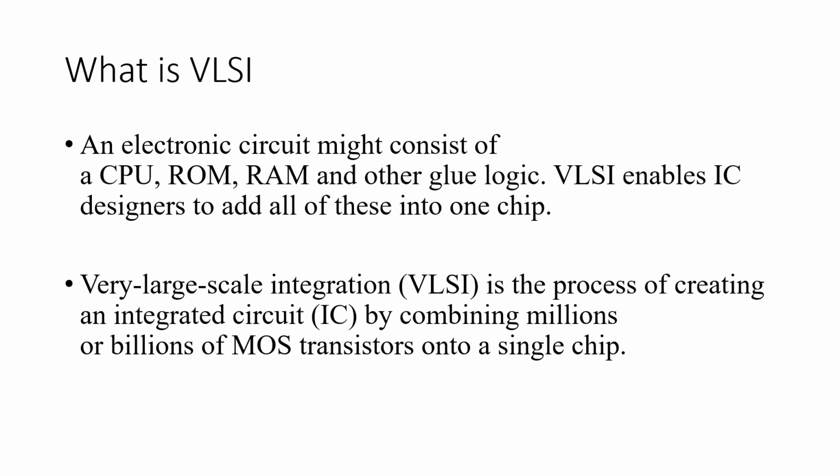All of this put together onto a single chip, which enables IC designers to add all these electronic circuits onto a single chip, can be defined as VLSI. So we can say very large scale integration is the process of creating an integrated circuit by combining millions or billions of MOS transistors onto a single chip.